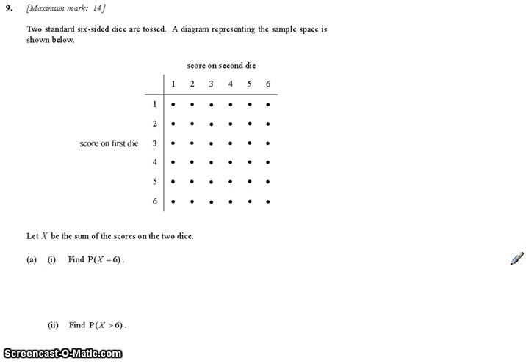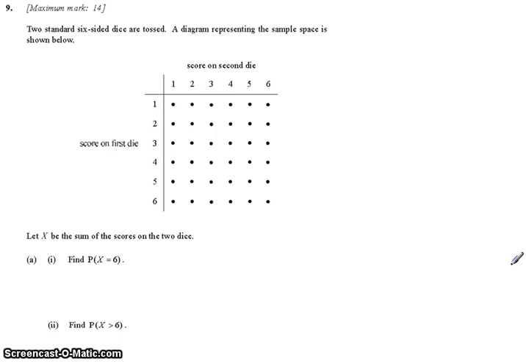Okay, question number 9, the penultimate question, was all about probability. We've got a situation where 2 dice have been rolled, and we're interested in the score of the total of the 2 dice. So x is a random variable. What's the probability of getting a 6?